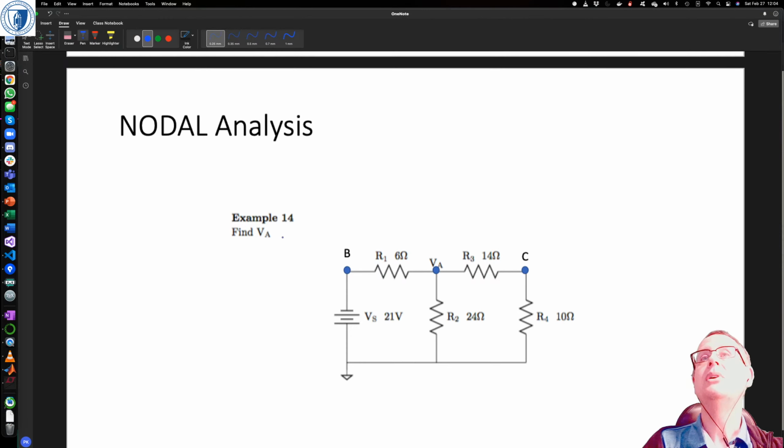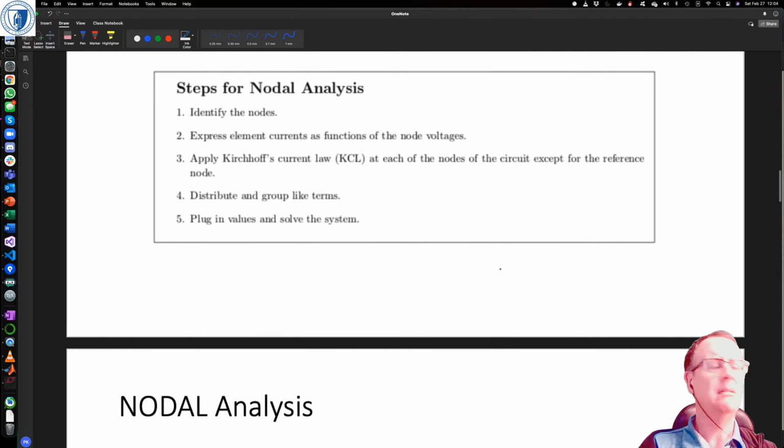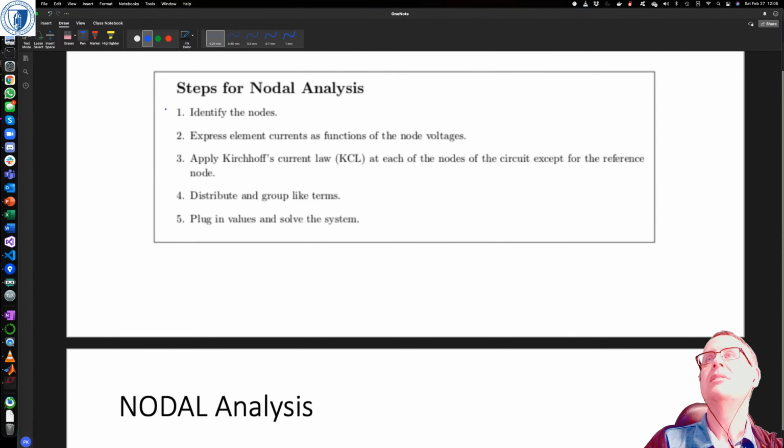The node actually encompasses all the area of constant voltage. So that's A, just to make it stand out now that I've drawn over the VA. Okay, so that was step one. We've identified the nodes.